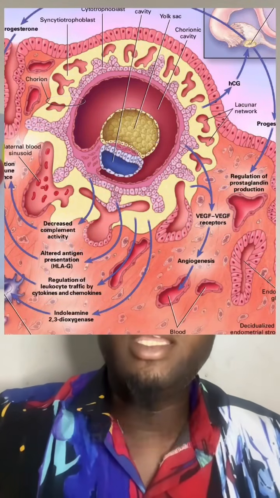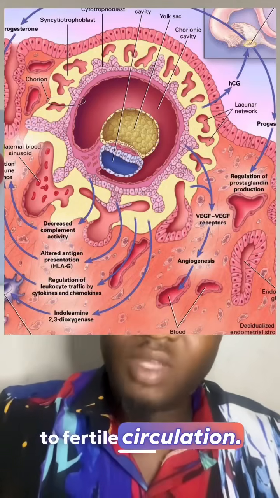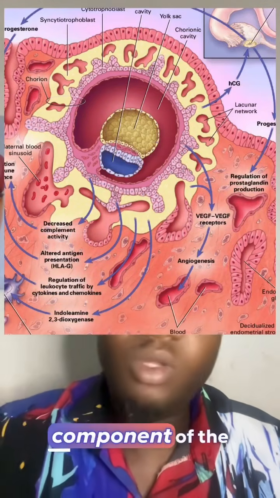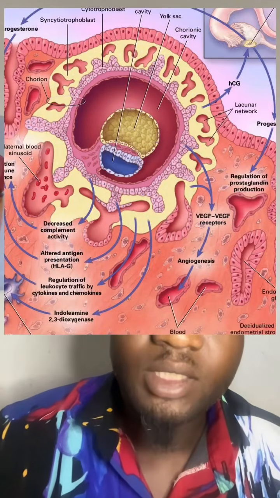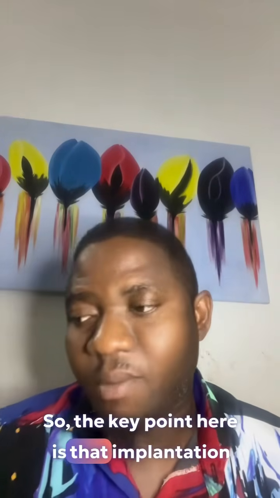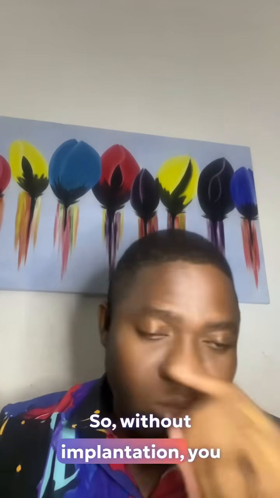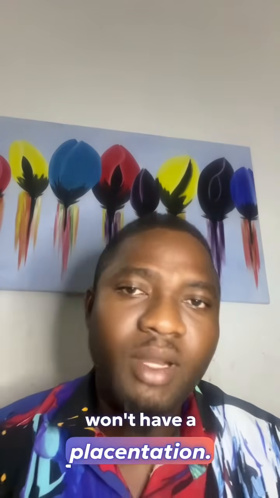That leads to early maternal-to-fetal circulation. Decidua basalis forms the maternal component of the placenta. So the key point here is that implantation is the foundation for placentation. Without implantation, you won't have placentation.